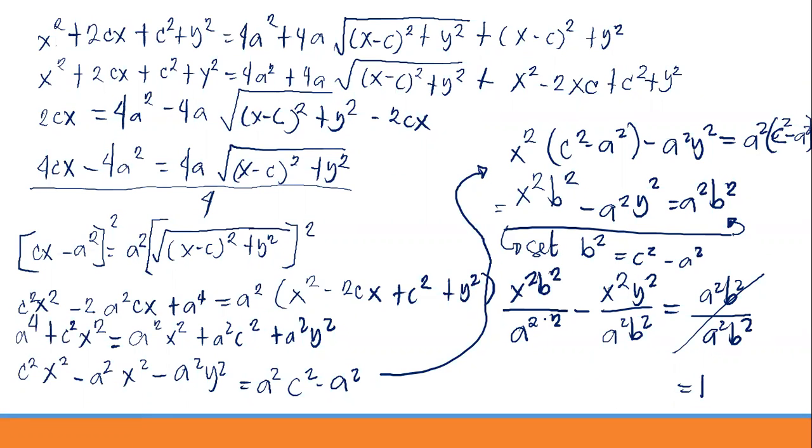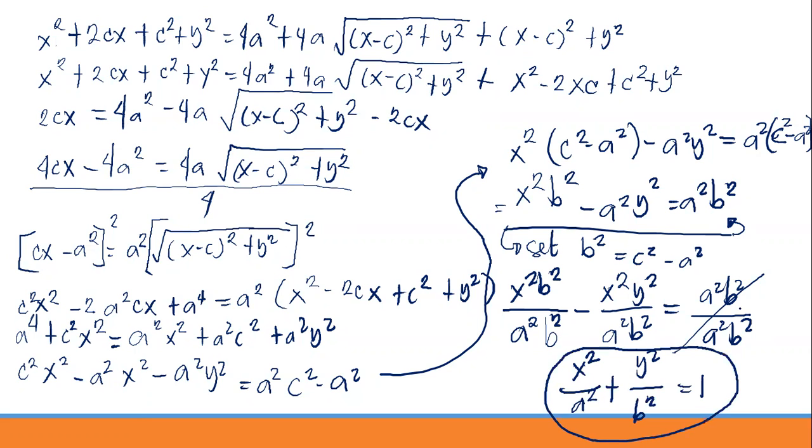Wait lang, wala yung D. Ayun. So, this is now equal to x squared over a squared plus y squared over b squared. Okay? So, this equation defines a hyperbola centered at the origin with vertices... So, ano yung vertices?